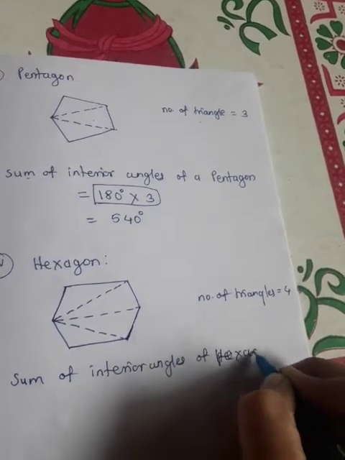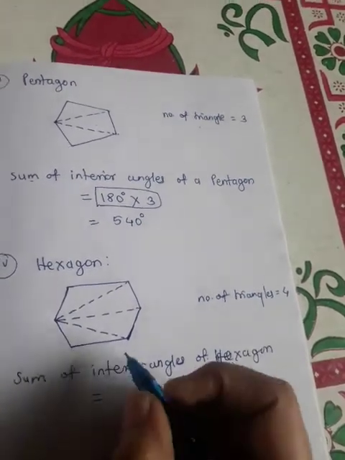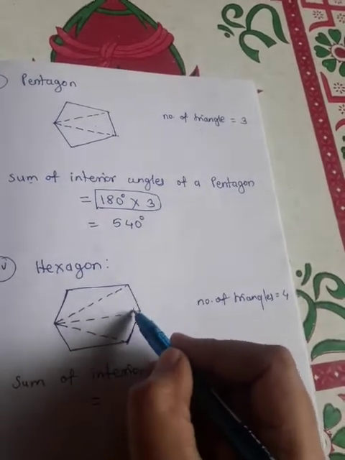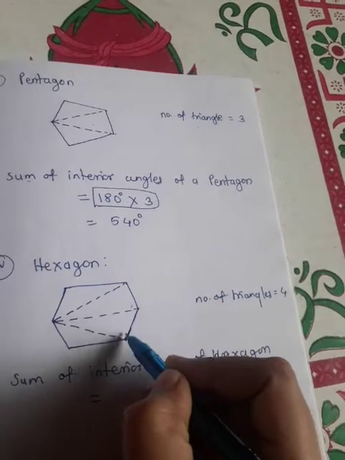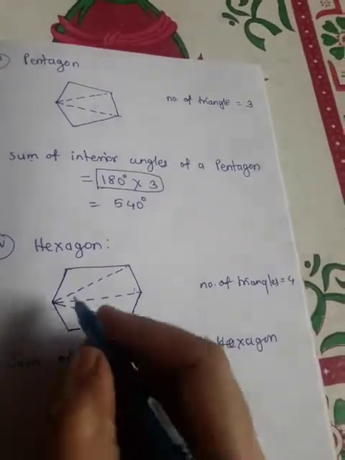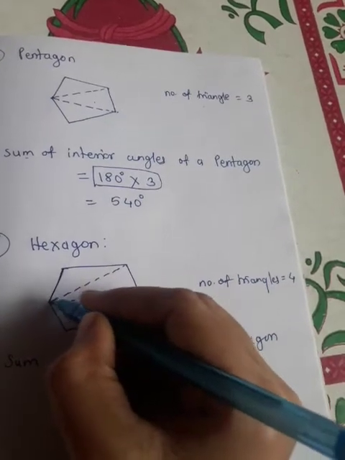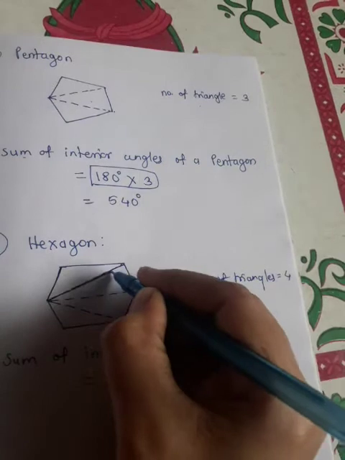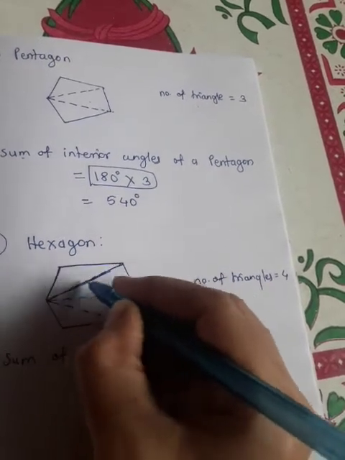Now find the sum of interior angles of the hexagon. We know the sum of interior angles of a triangle is 180.